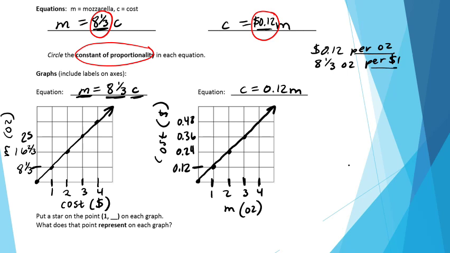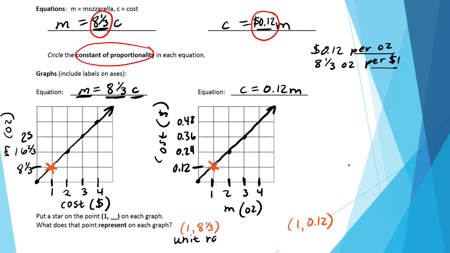And the last thing I'm being asked to do here is to put a star on the point 1, comma, whatever the value is. So for example here, in my first equation, 1, comma, 8 1/3. That's that point. And over here I have 1, comma, 12 cents. And so the question is, what does that represent? What we're hoping you realized from classwork today is that that point is really special.